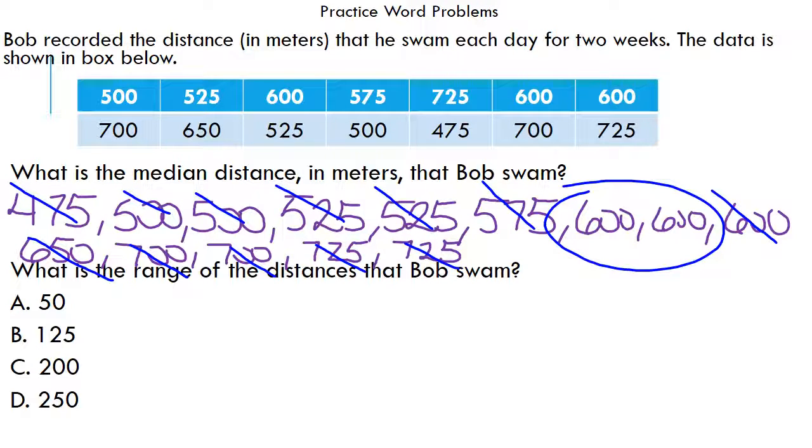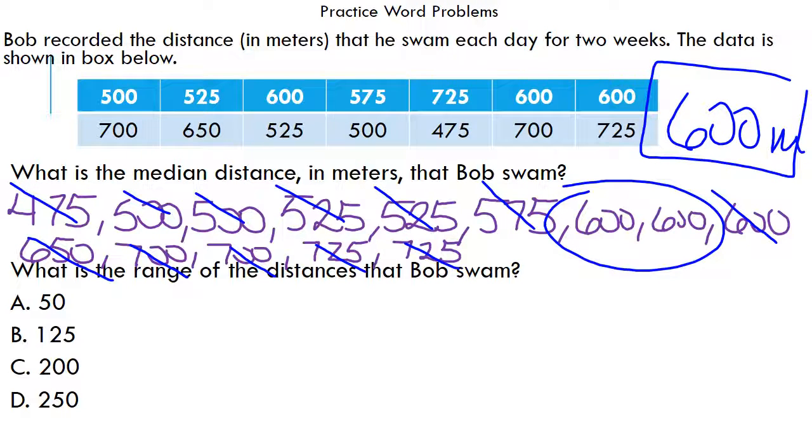What are we supposed to do? We are supposed to add 600 plus 600 and divide that by 2, which is going to give us 600, right? Because 600 plus 600 is 1200 divided by 2 is 600. In this case, this was easy. So the median distance is 600 meters. That's your final answer for that one.